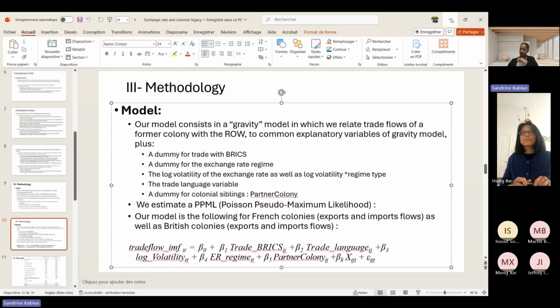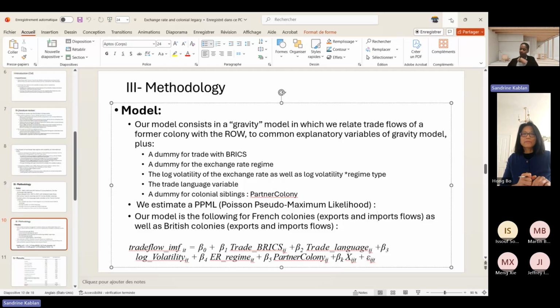And the paper showed that yes, there is something to do about that, because there is a reorientation of trade of those countries. Because of this reorientation, it will be interesting to consider another basket of currencies for these countries to peg their currency to.